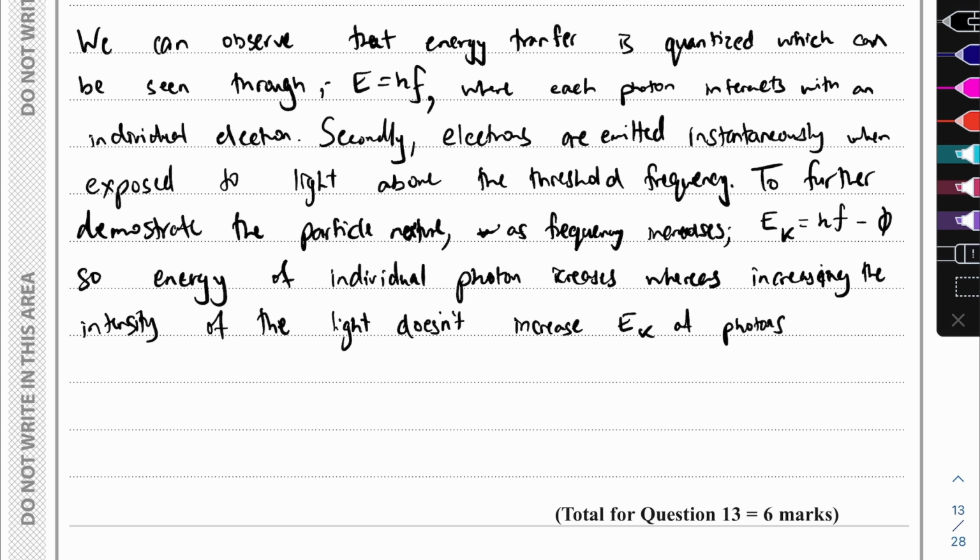But what does it do? If we are increasing the intensity of the light, we still get more incident photons, don't we?